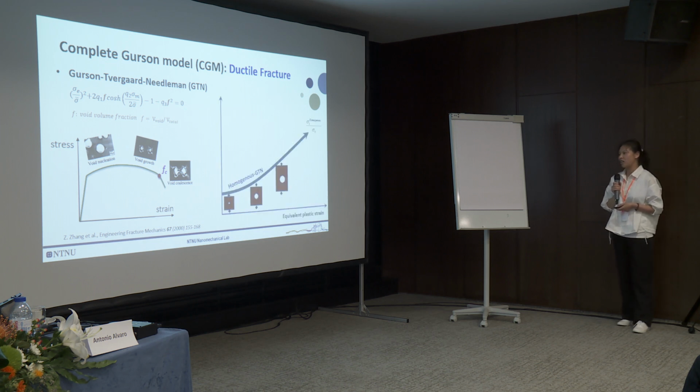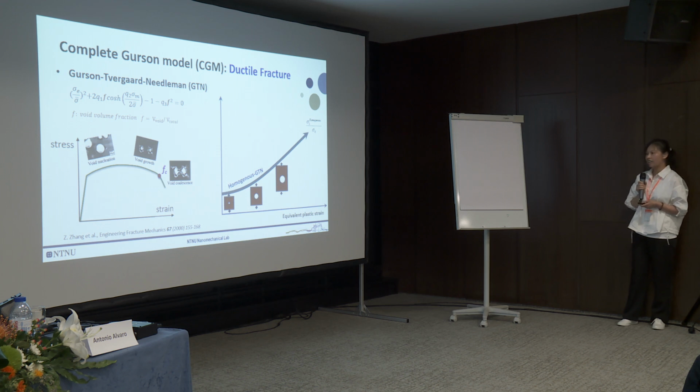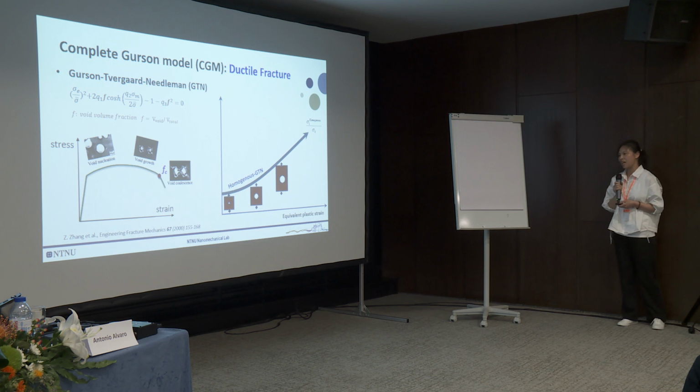This right figure shows the analytical illustration of the GTN model. The GTN model is designed to describe the homogeneous deformation of the void, such as void nucleation and void growth. However, it cannot represent the void coalescence behavior.